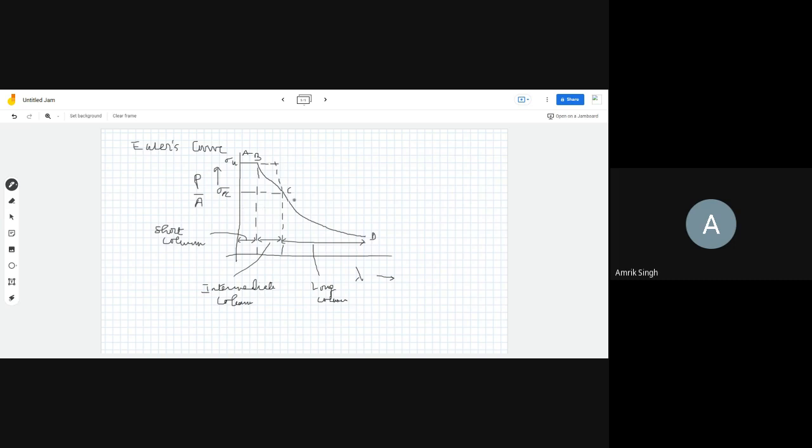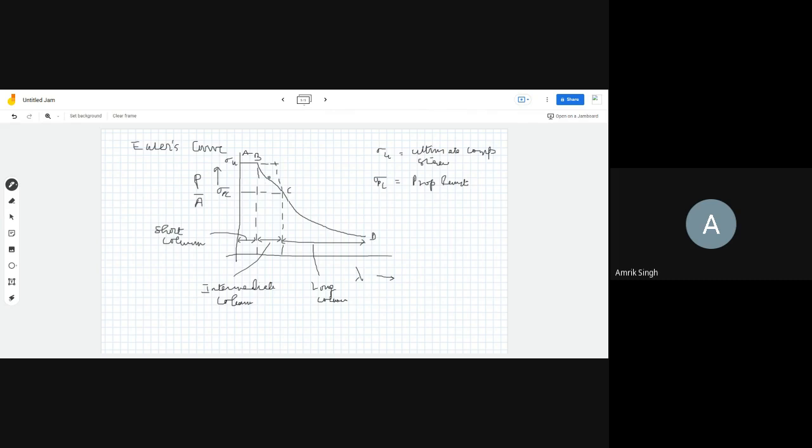And here you can write sigma u, ultimate compressive stress, and sigma PL, proportional limit.